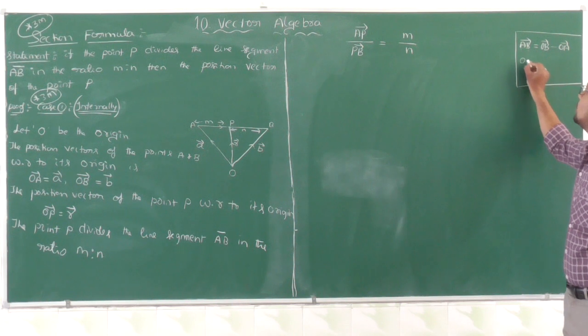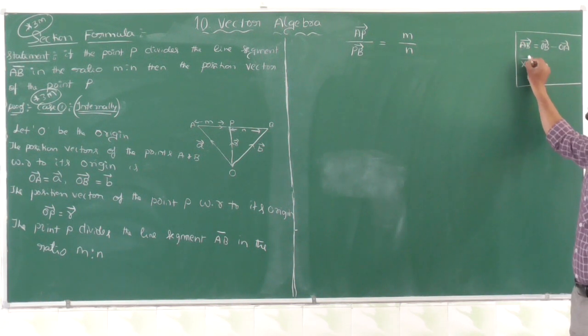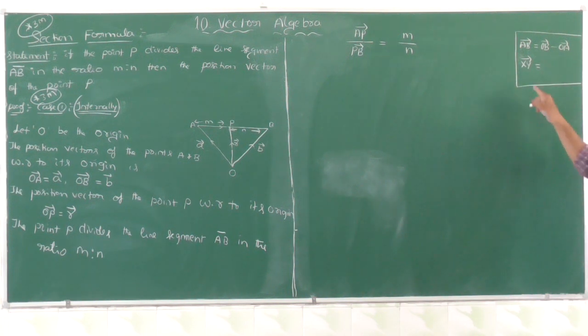Similarly, suppose we have the vector XY vector. How are you going to write this XY vector? OY vector minus OX vector.